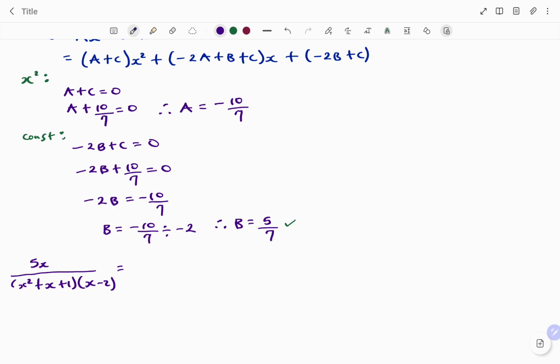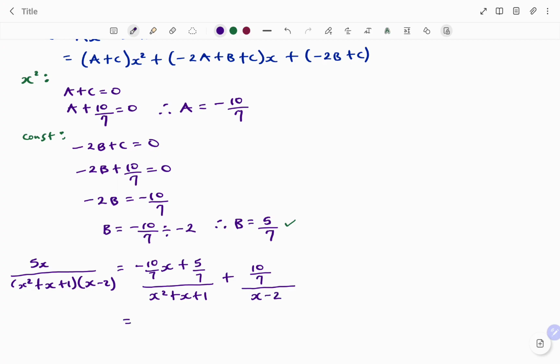So I start with my a, I have that as negative 10 over 7, x plus b, b is 5 over 7, divided by x squared plus x plus 1. Then I have plus, the value of c is 10 over 7, divided by x minus 2.